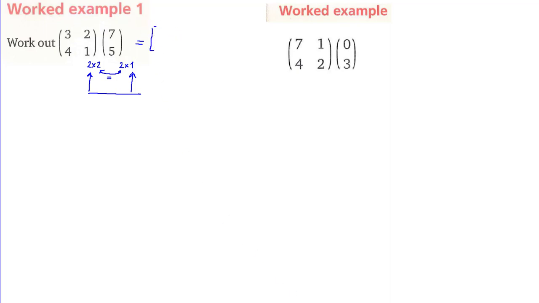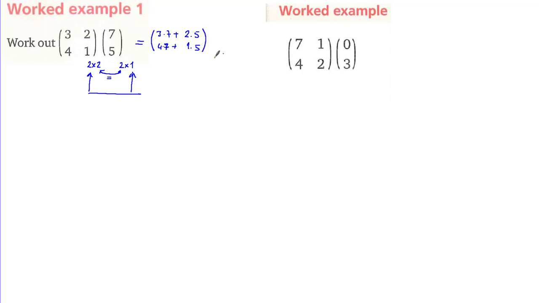Here I'm going to write the resultant matrix. 3 times 7, for understanding better I'm writing all the details here, plus 2 times 5. We don't have another column, so we continue with the second row: 4 times 7, and 1 times 5.